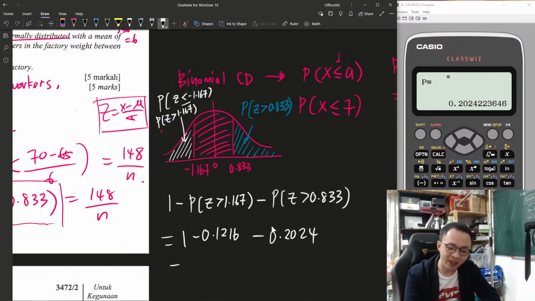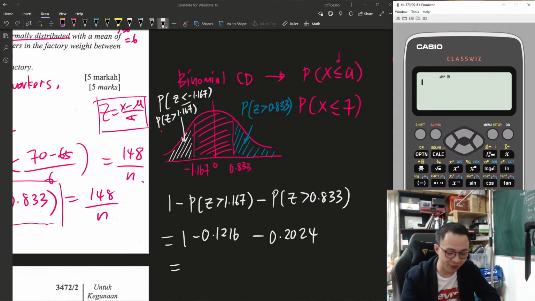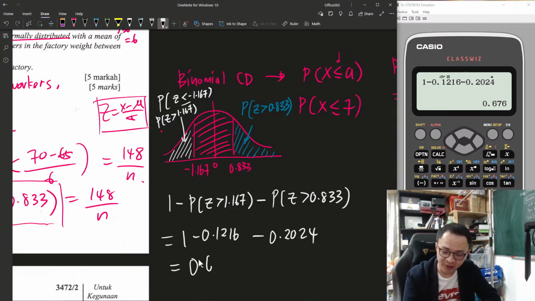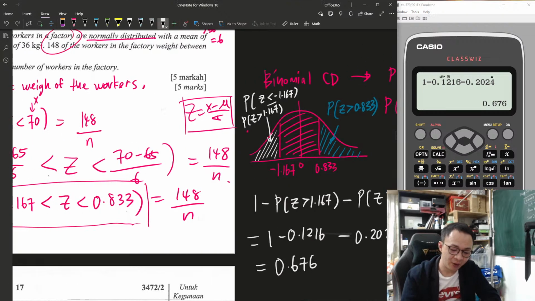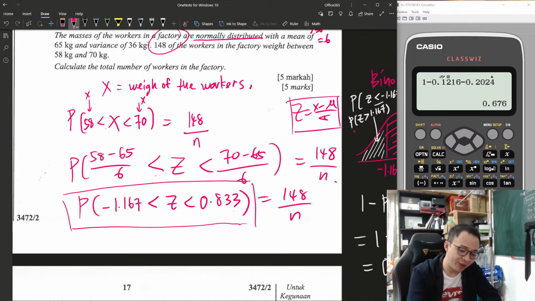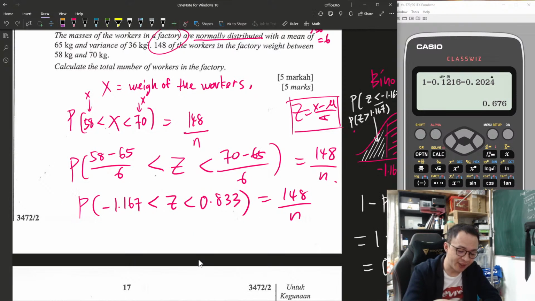You can get this value by using the Z value table also. I guess you know how to find from the table. If you do not know, you can go check out my video as well. So we have about 0.676. Right now, I already know the whole thing equals 0.676.